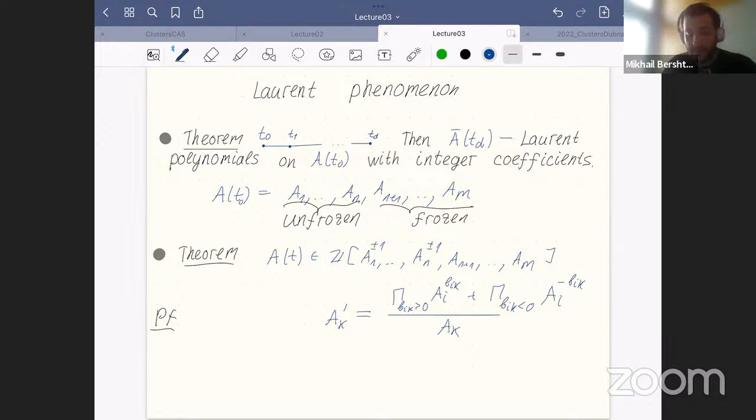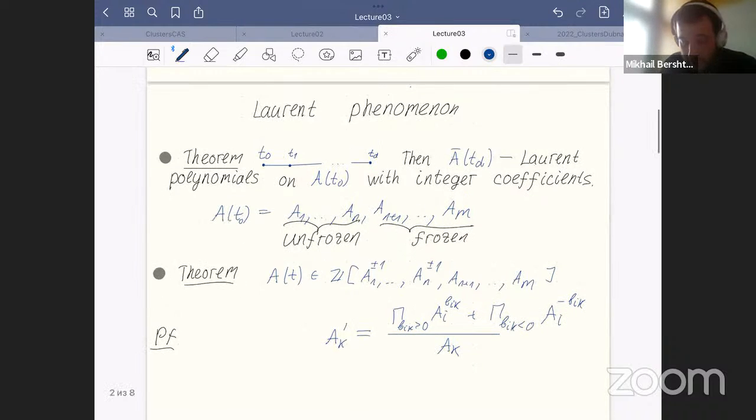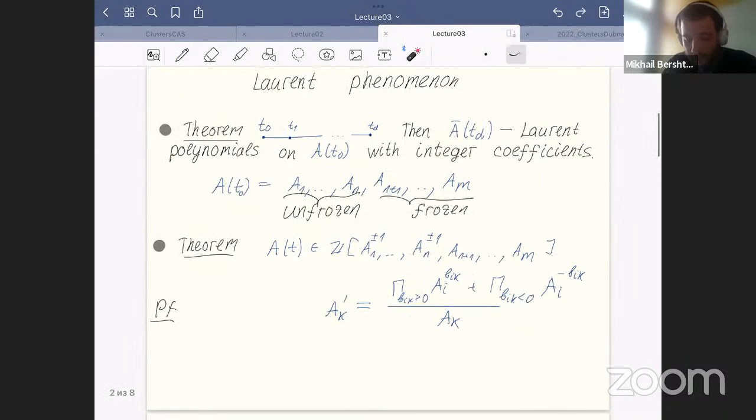And it is clear from this formula that unfrozen variables can appear in the denominator just from the first mutation. But frozen variables we cannot mutate, so after the first mutation they do not appear in the denominator. But of course, they appear in some numerator, and then we will divide. So who knows? Maybe we'll have them in the denominator. And so the theorem says that this is not going to happen.